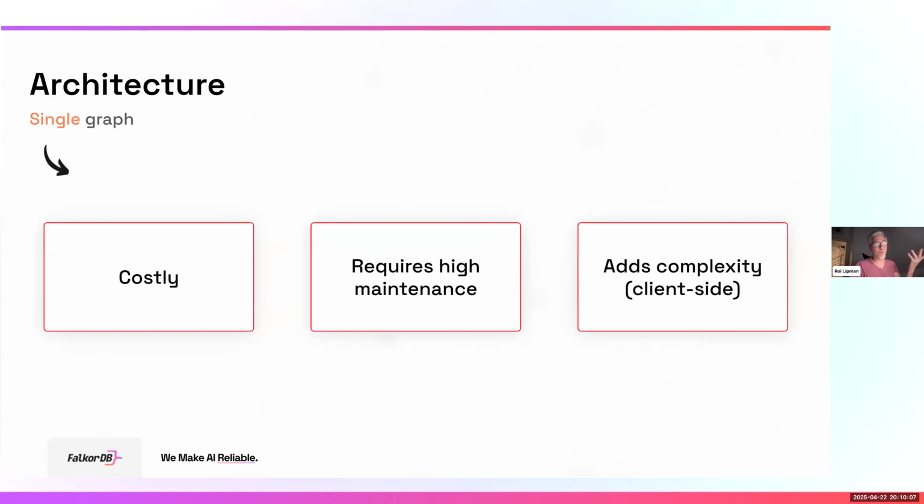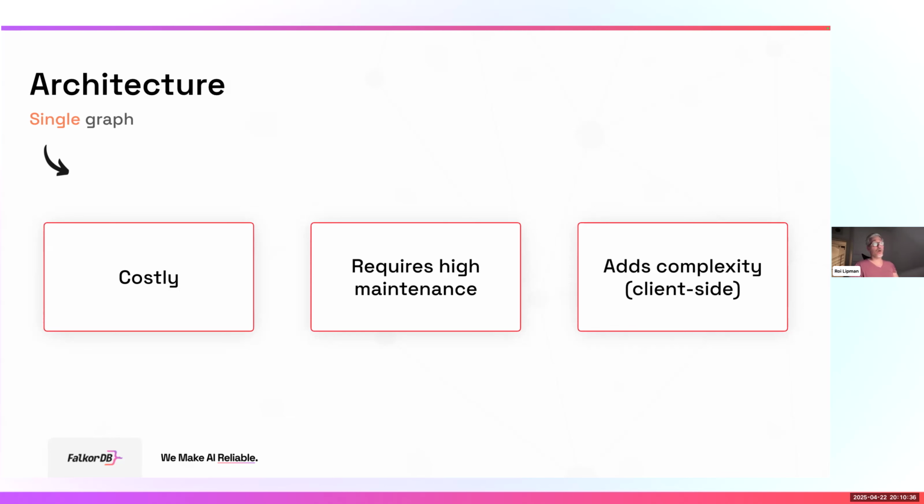We need to pay for every database that we're using. It has a higher maintenance because we're managing multiple databases, as many as there are customers. And it might add additional complexity on the application server, which needs to know how to connect to every single database.